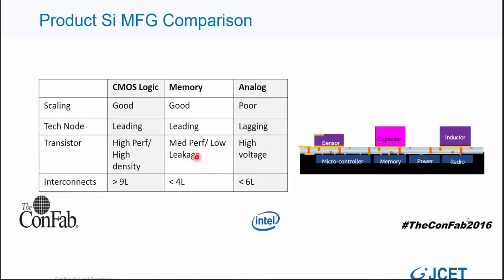Then here we can see the different silicon technologies in terms of product: CMOS logic, memory, and analog. From a scaling point of view, CMOS logic is the best one.